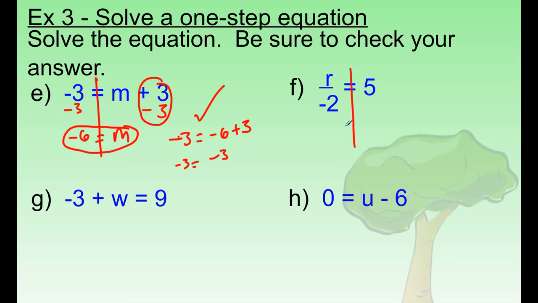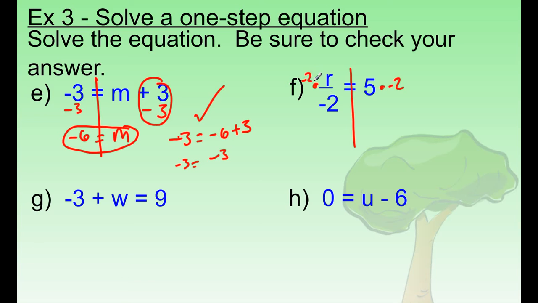Letter F. Let's see, my variable is being divided by negative 2. So the opposite of dividing by negative 2 is to multiply by negative 2 on both sides. Always do everything on both sides because we're trying to keep these equations balanced. If you do something to one side of the equation, do the same thing to the other.